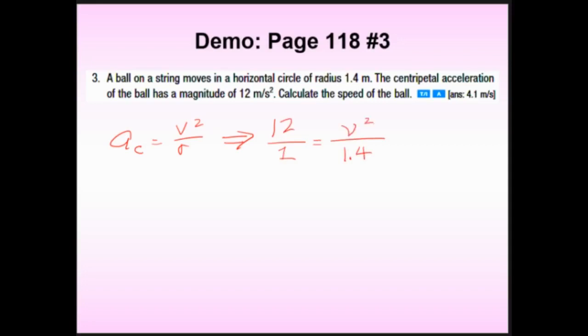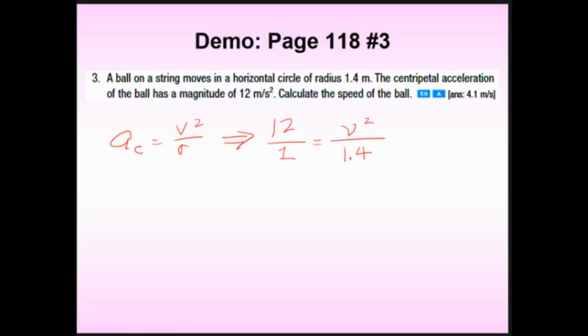How do you solve anything like this? Cross multiply. Now you crisscross. So we get V squared equals, just a very quick 12 times 1.4. What's 12 times 1.4?